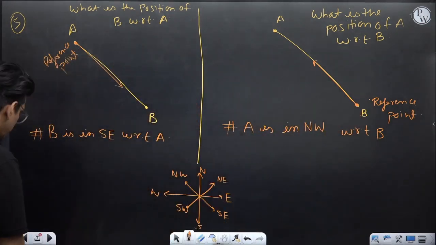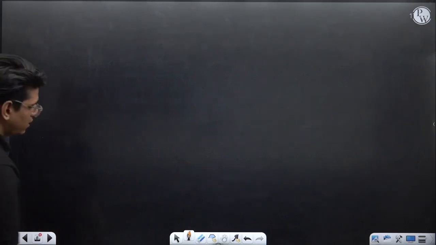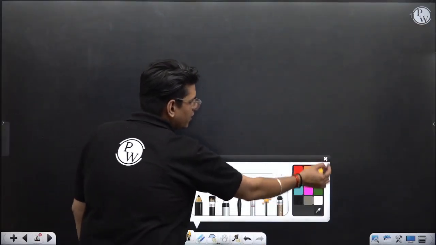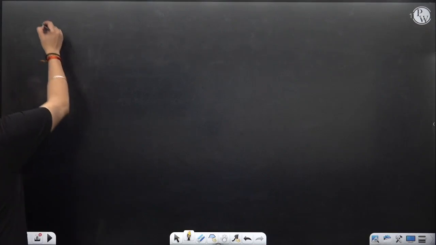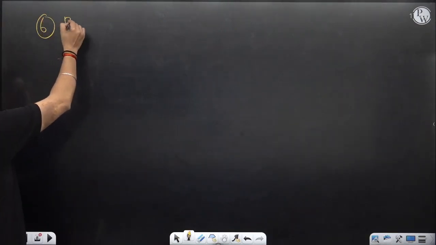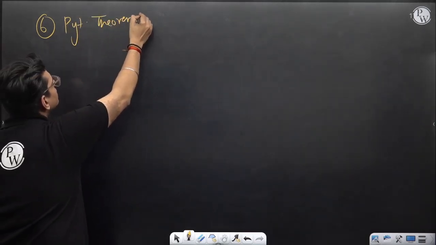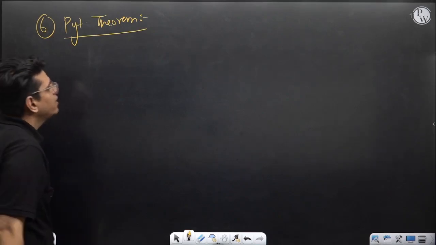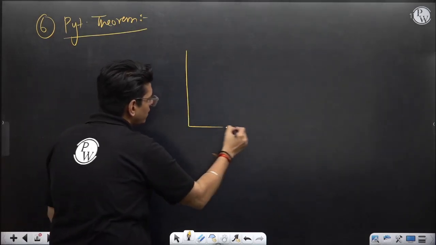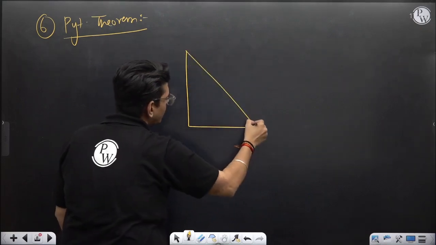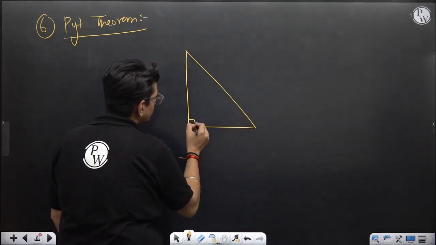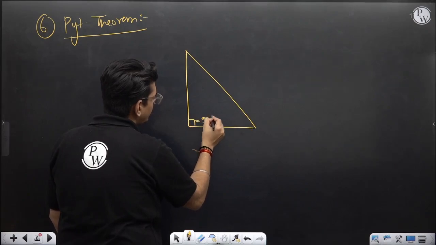Okay, so now one thing is left, which is your Pythagoras theorem. What is this? Suppose you have a right angle triangle. A right angle triangle is what? This is your 90 degrees, right?